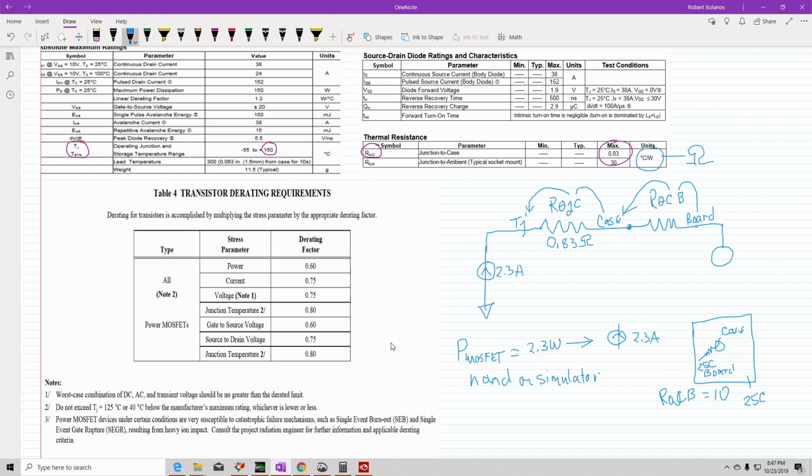The junction temperature, the highest, is the blue one, and it's about 30 degrees. Well, the case is only 30.7, 30.2, so there's very little rise. So this is very cool. It's not getting hot at all.